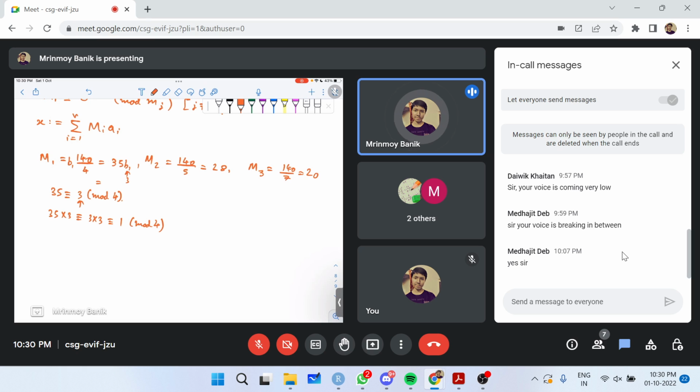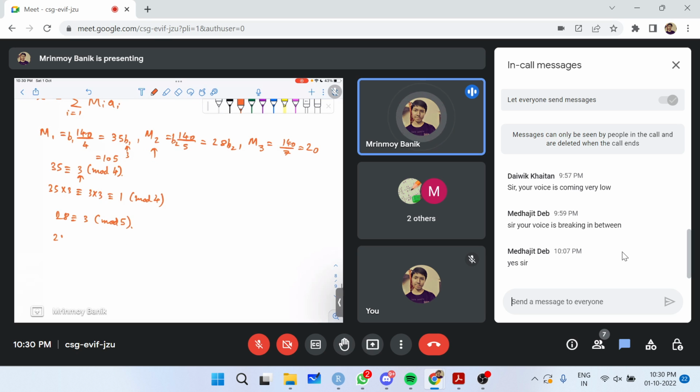M1 is basically 35 times 3, so that is 105. This is M2, this is B2. Let's see. 28 is congruent to 3 mod 5 again.